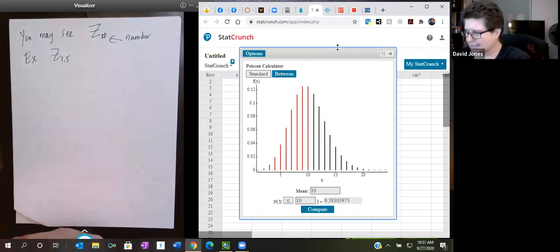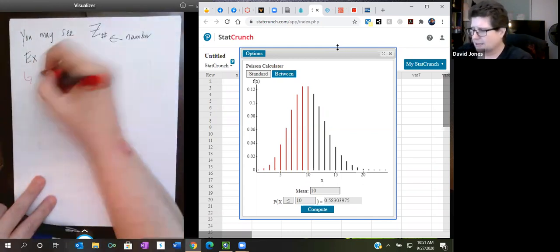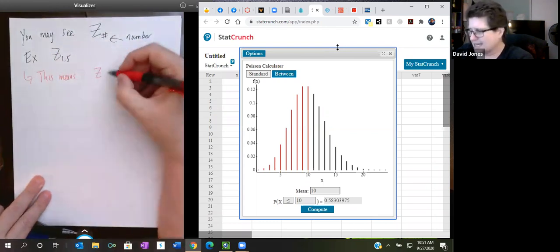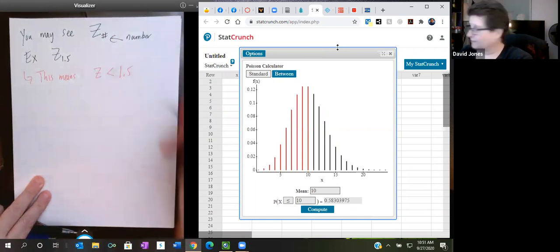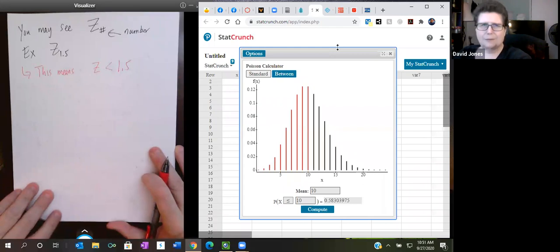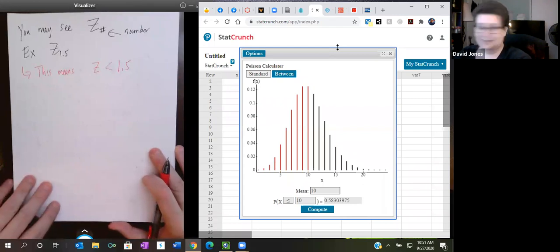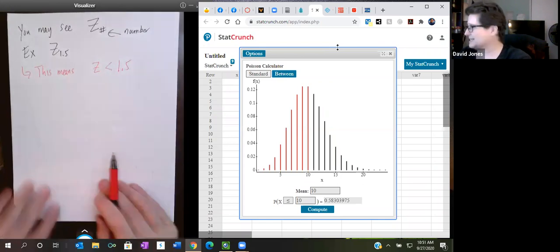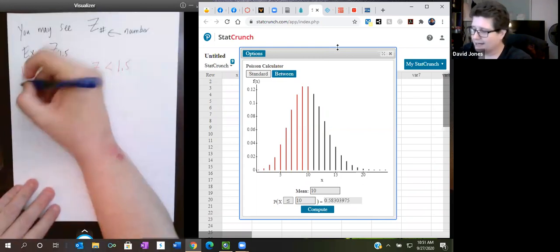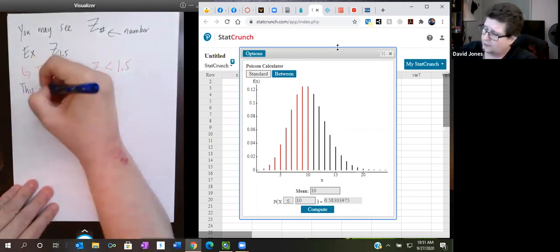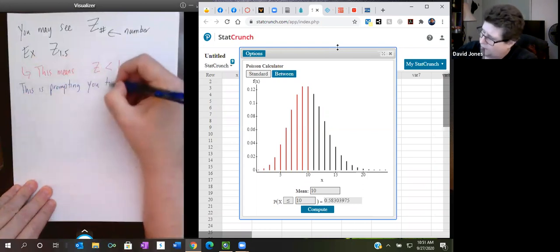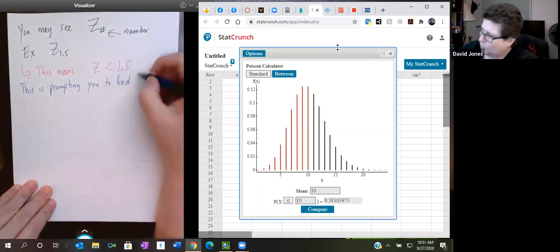What this means is we are looking at Z values less than 1.5. I don't really know how much of a shortcut it is to write it that way. All we're saving is the less than symbol. But what it's doing is prompting you to find the area left of 1.5.